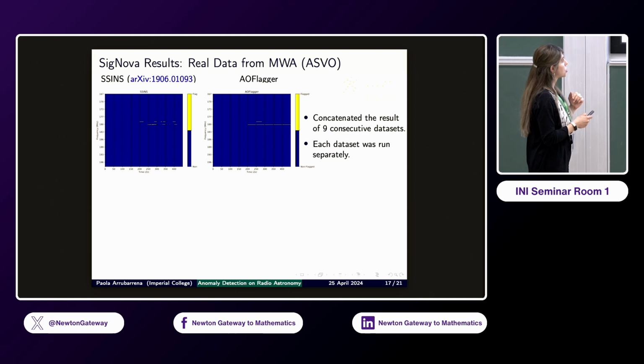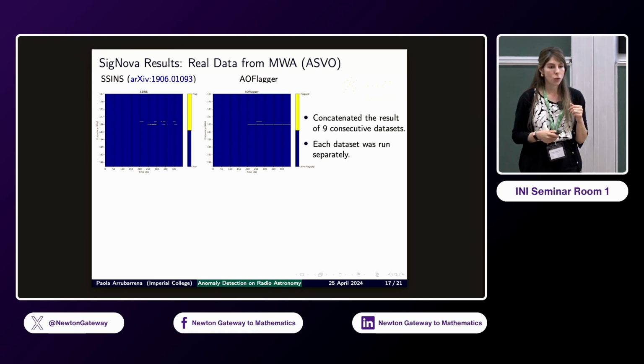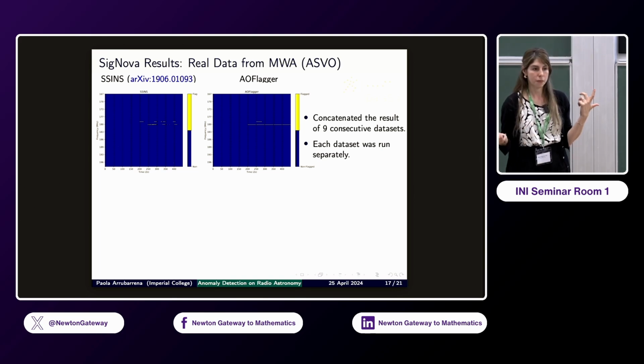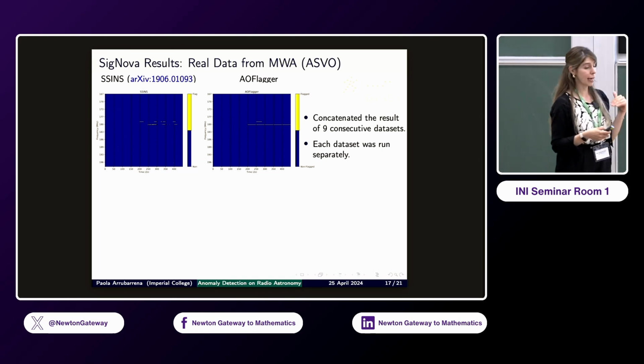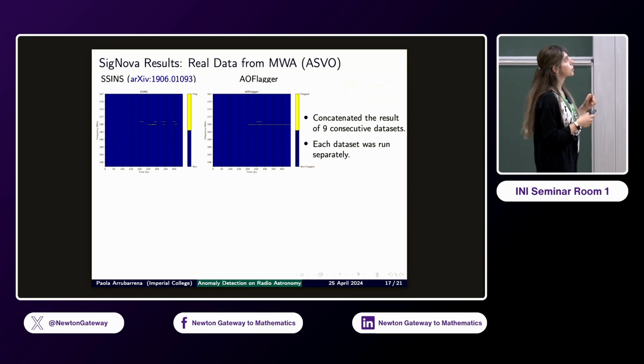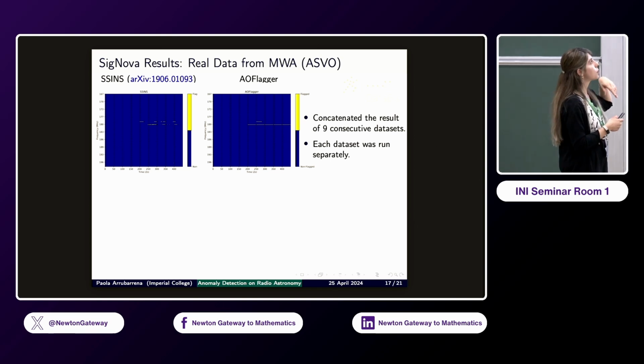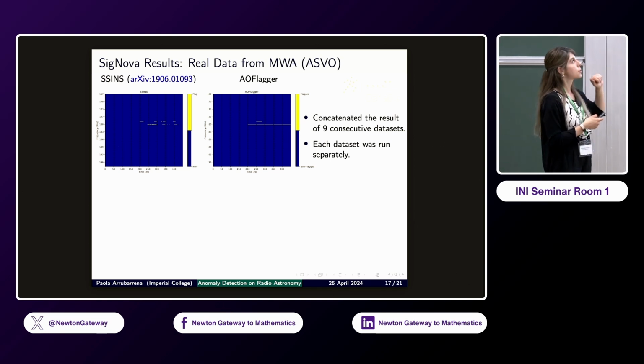So again, these plots are going to have time and frequency, and they reported only this data set to have contamination in these 2 frequency channels. So what we did, as this is public data, we downloaded 9 consecutive data sets, 5 before and 3 after of what was reported in this paper. We ran the data sets in their respective frameworks, and then we concatenated the results.